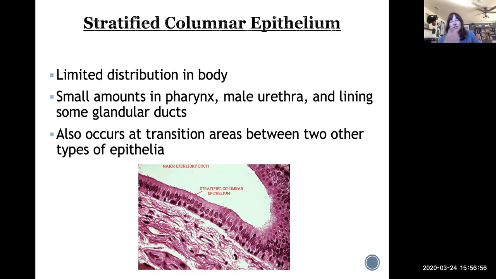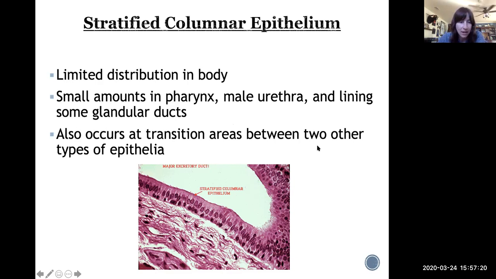We have simple, pseudostratified and stratified columnar epithelia in our pharynx, which is like your trachea. The male urethra, which is your pee tube. And of course, again, like so many other things, in the ducts of some glands.